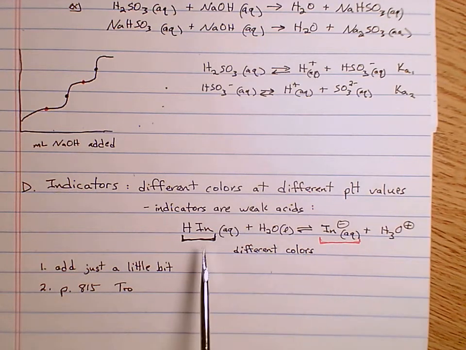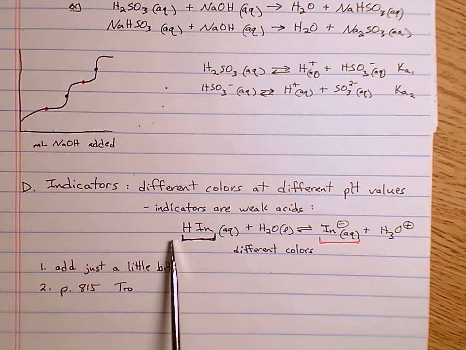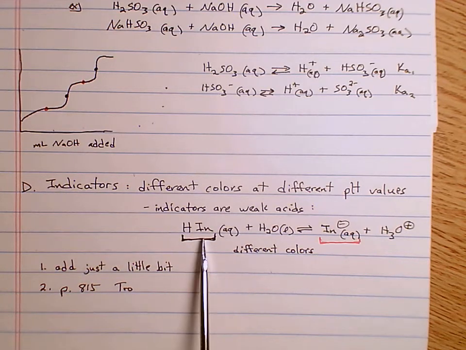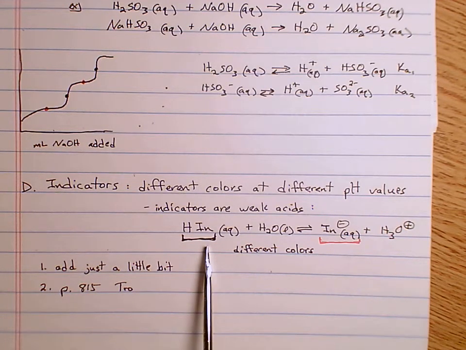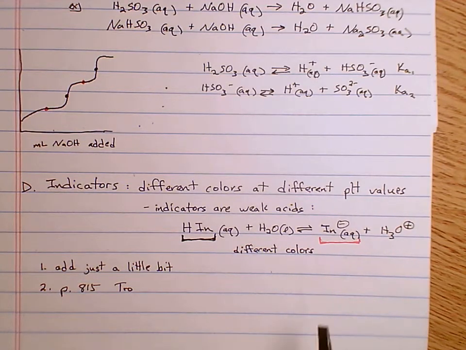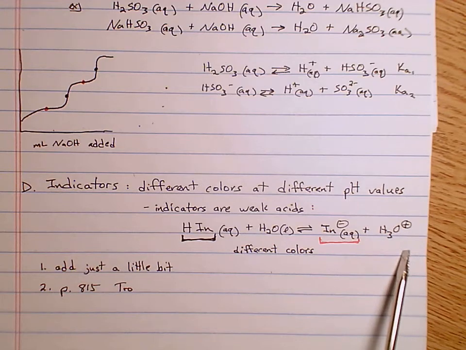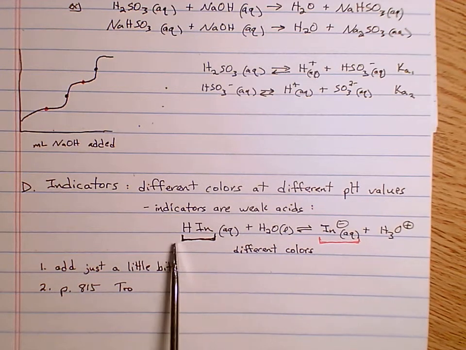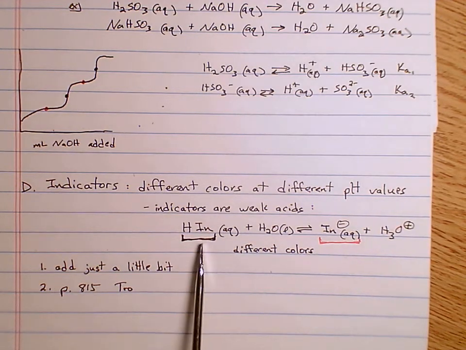However, it's a weak acid, so this equilibrium lies way to the left. It just turns out the indicator with the proton on it is a different color than the indicator anion without the proton on it. Since this equilibrium lies way, way to the left, it's mainly this color here, or it might be colorless.